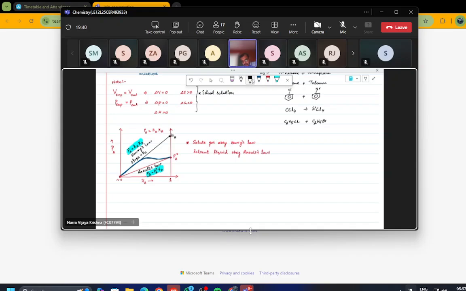Then I call this solution ideal, or I will call it a dilute ideal solution.